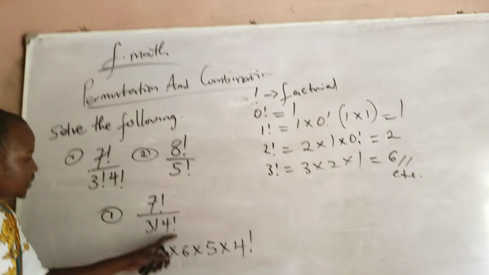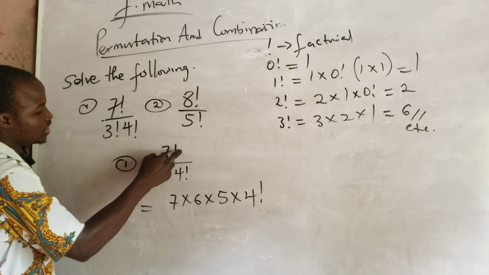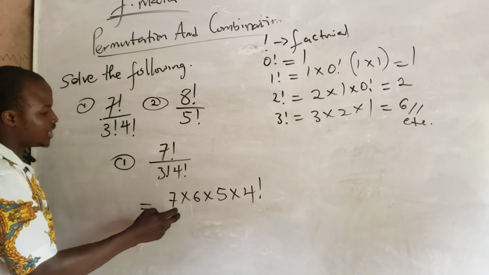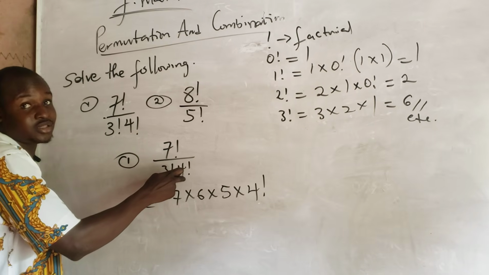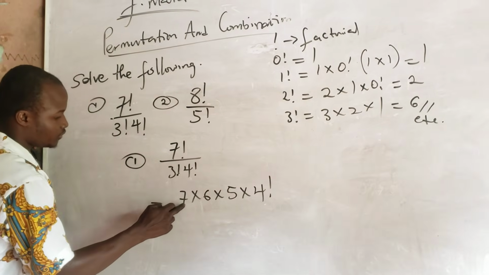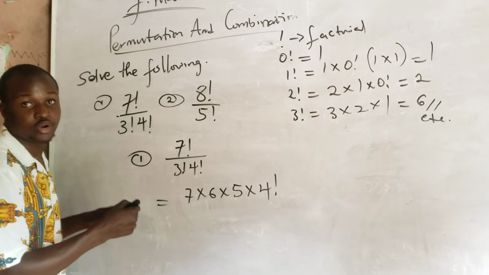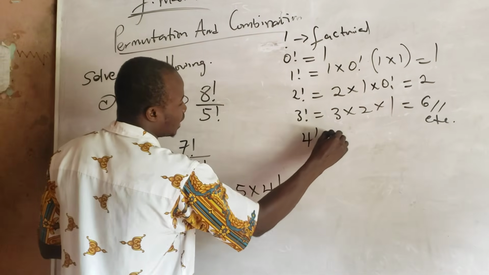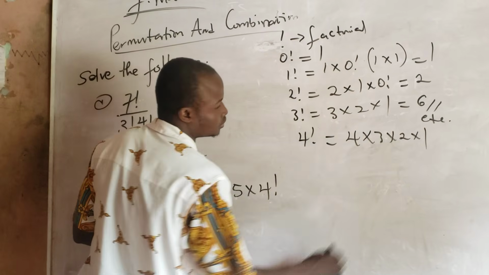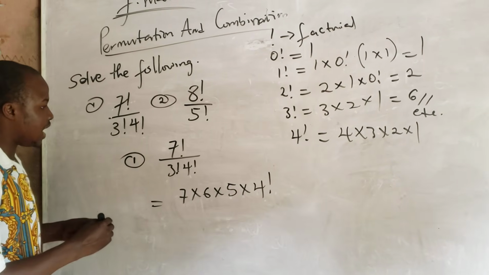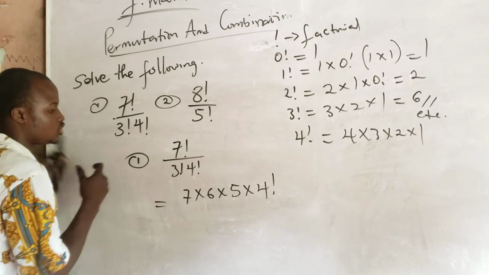The reason why we are stopping at 4 factorial is because 7 factorial is more than 3 and 4, so in 7 factorial we can find 3 factorial and 4 factorial there. 4 factorial is the same thing as 4 times 3 times 2 times 1. Don't forget that we can find 4 factorial in 7 factorial, so that's why we stop here.